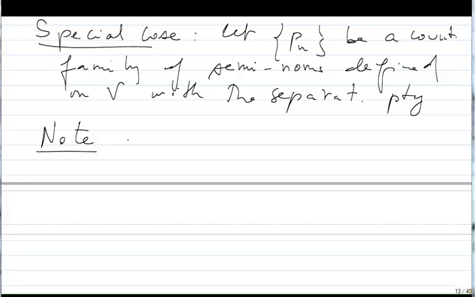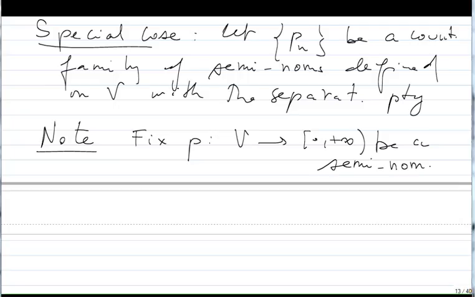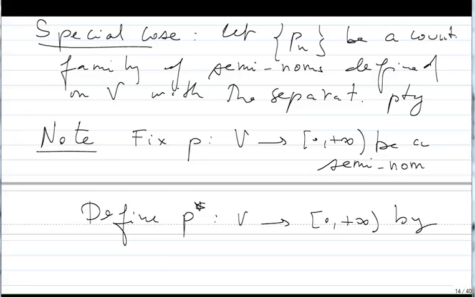First, let me say something before I show you this result. Fix P, which goes from V into 0 plus infinity, a seminorm. Define P star from V into 0 plus infinity by P star of V to be P of V over 1 plus P of V. This P star, we have seen something similar in metric spaces.